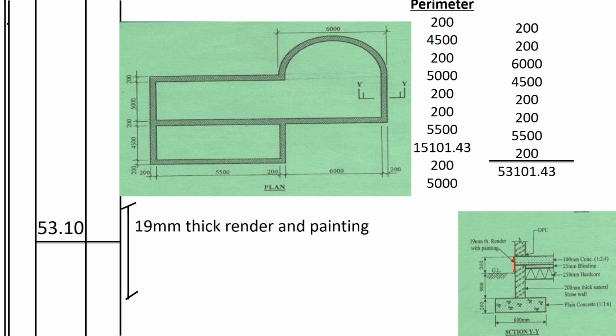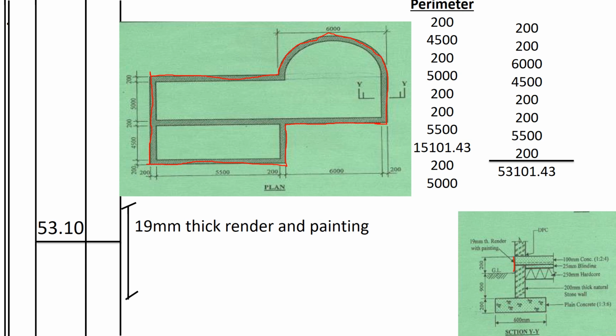So we shall start from here. 200 plus 4,500 plus 200 plus 5,000 plus 200 plus 5,500 plus the perimeter of this semicircle here, a half pi d, where d is 6,000, then plus 200 plus 5,000 plus 200 plus 200 plus 6,000 plus 4,500 plus 200 plus 5,500 plus 200.